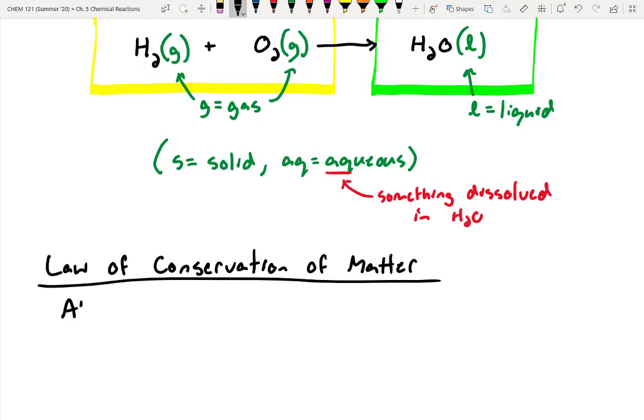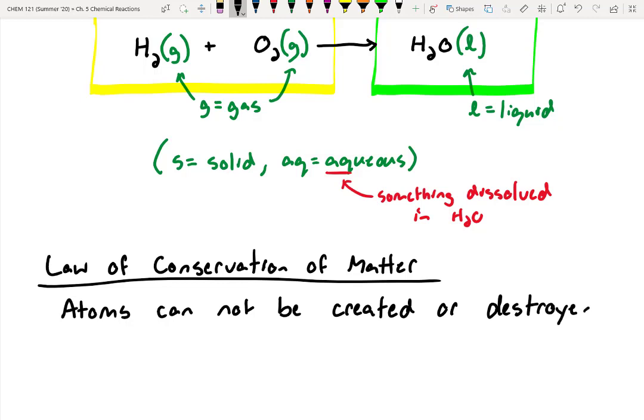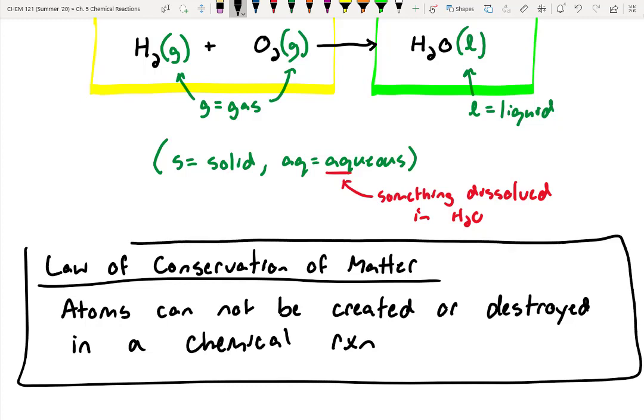And it says that atoms cannot be created or destroyed in a chemical reaction. This is true for the vast majority of cases. You'll often hear this referred to as the law of conservation of mass.